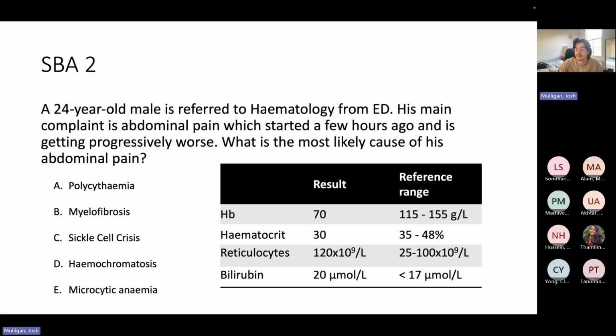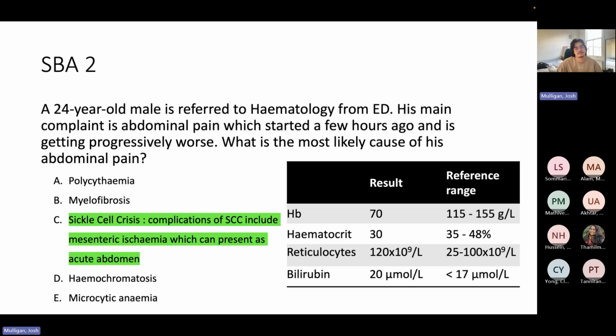So if his reticulocytes are high, that normally means that they're trying to replace his red cells, because reticulocytes are like the progenitors that occur right before red blood cells. So something's destroying the red blood cells. Has he got sickle cell crisis? Yeah, exactly. And that's also probably why he's got the abdominal pain, right?